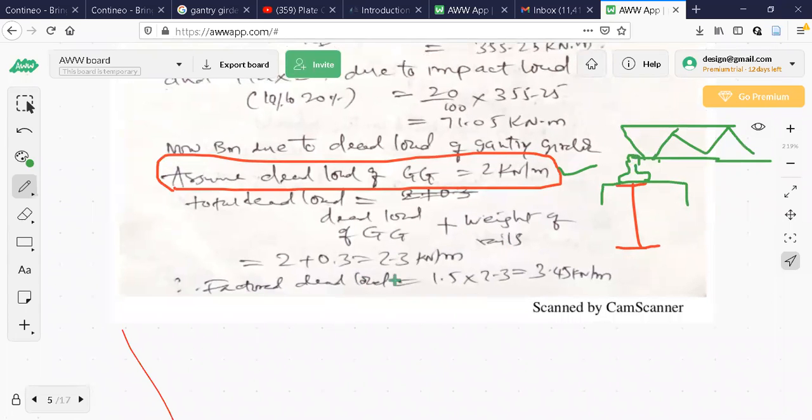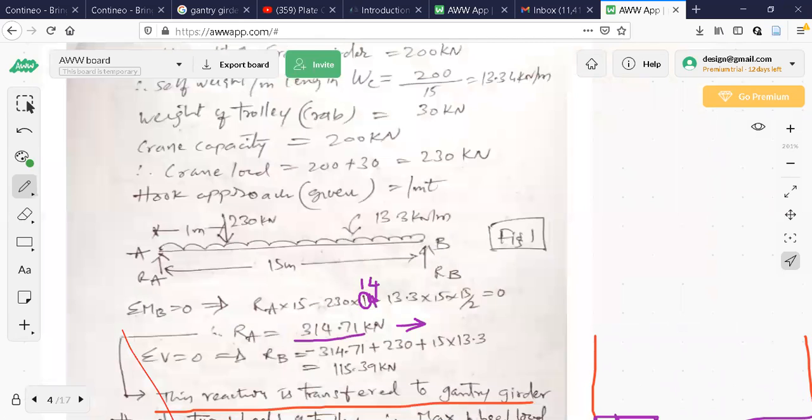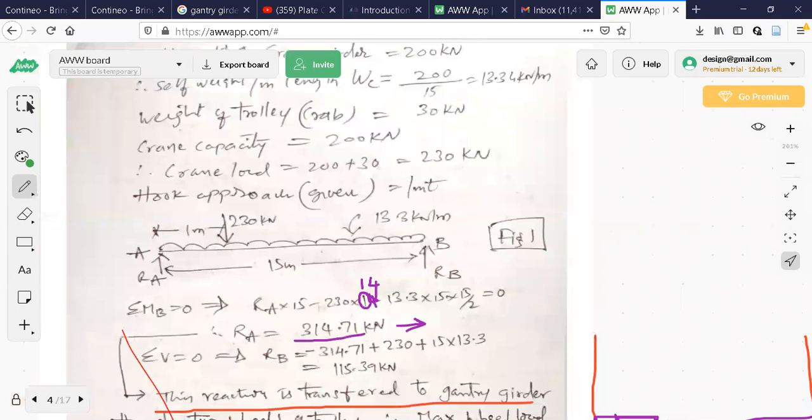I think in the problem it is given as 0.3. If you want, I'll show that. See this last line, self weight of the rails is 0.3 kN. So the weight of the rail is given.